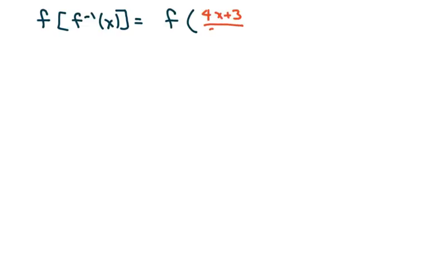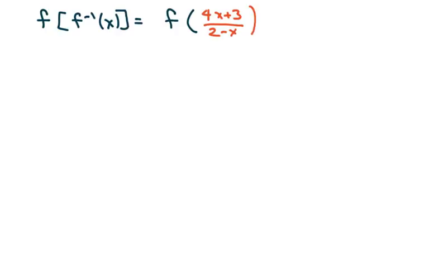And now we're going to compose these with f inverse. And so my inner function is 4x plus 3 over 2 minus x.